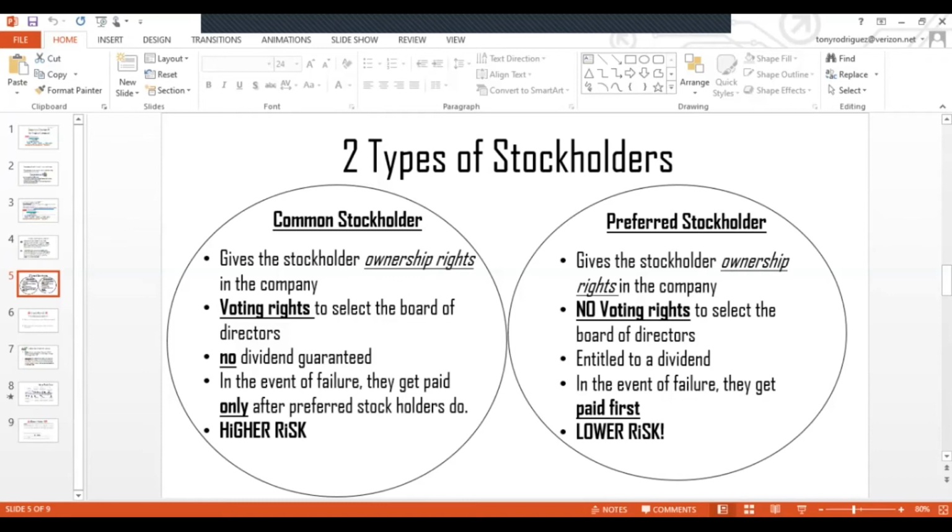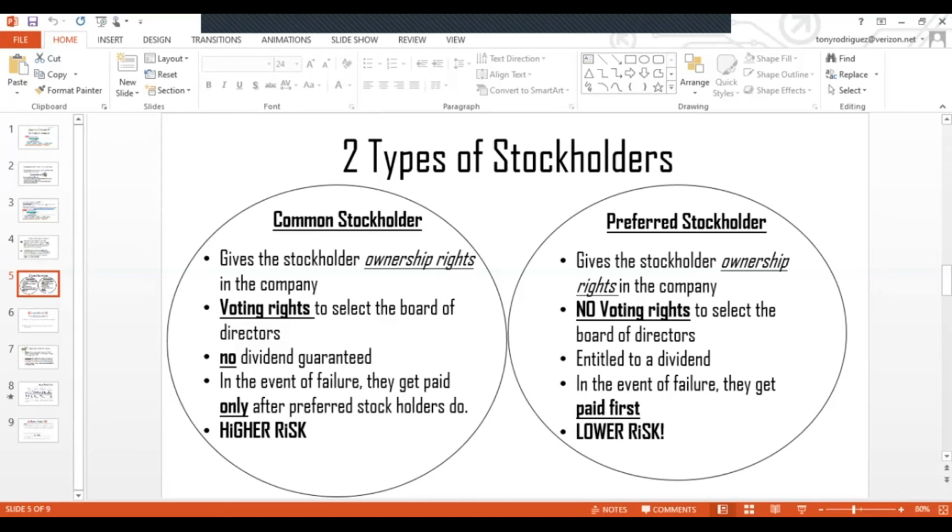Let's say the board of directors decides, they meet and they're going to pay out a dividend to the stockholders. The preferred stockholders get their dividends first, and only if there's enough money left over after preferred stockholders are paid do the common stockholders receive a dividend.